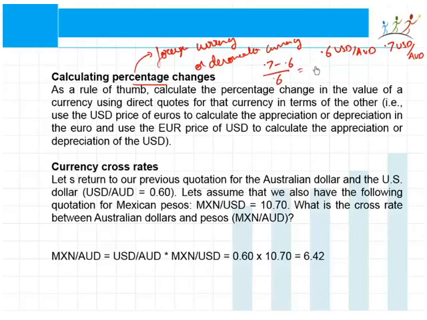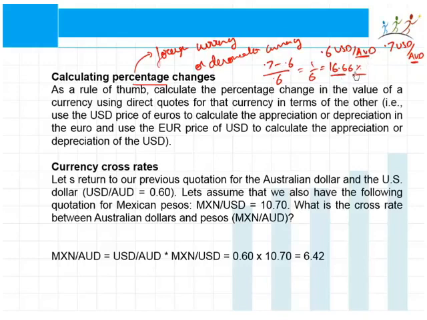So it would be approximately 1 by 6, that is equal to 16.66%. So in an example like this, it is the AUD that has appreciated by 16.66%.